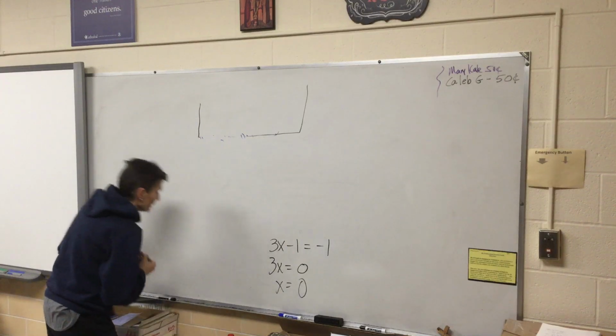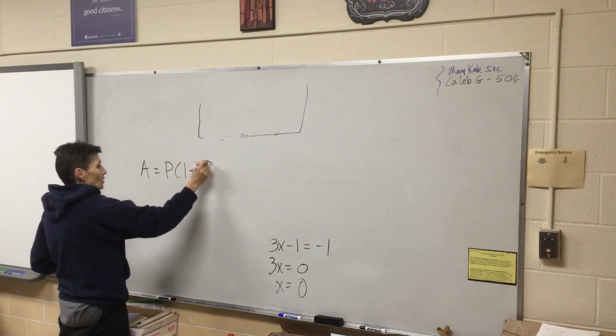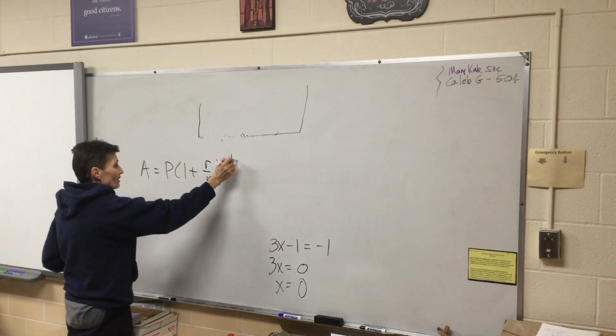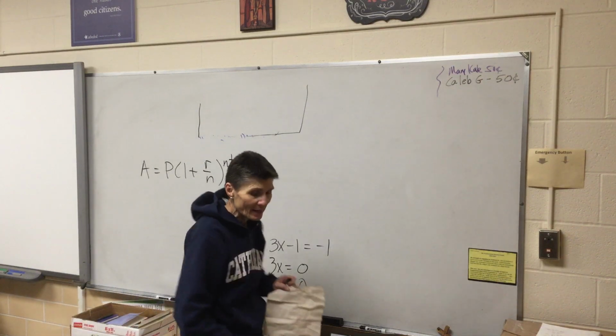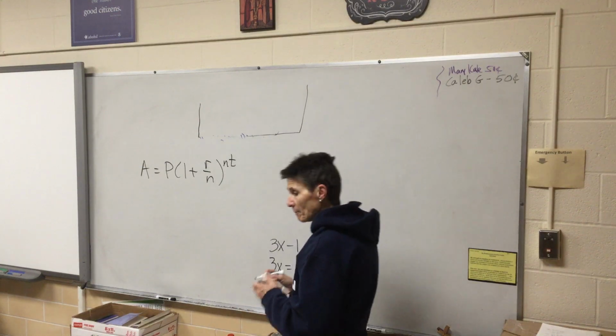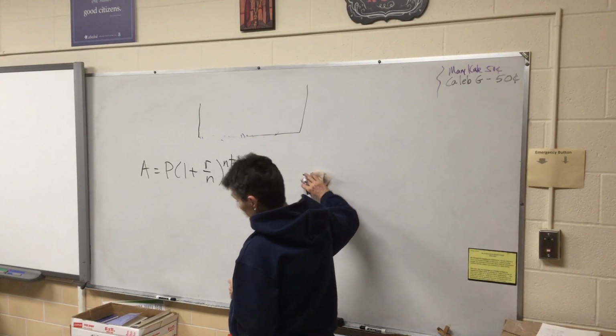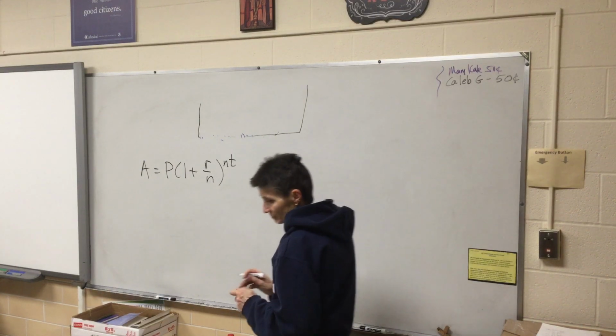Go ahead and write that formula down. So if you forgot it or you don't find it there, it's right there. There's the formula we're going to use. Because it says interest compounded monthly, we know we're going to use that formula. That is absolutely right.